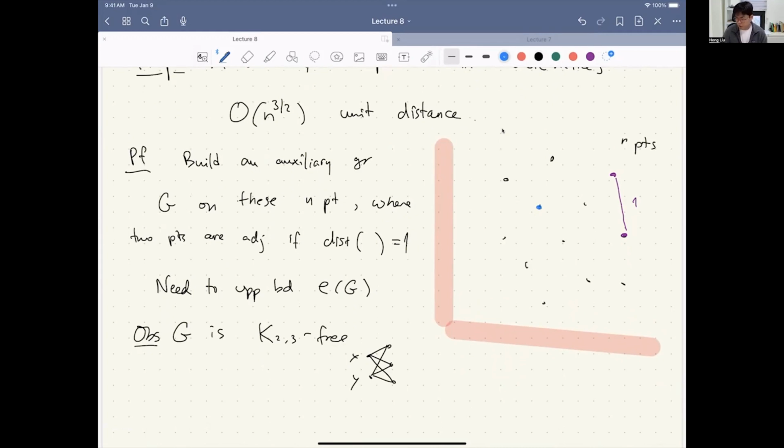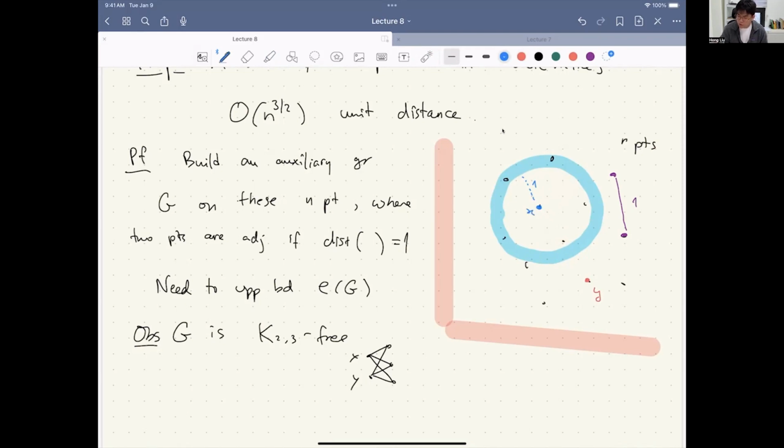what's its neighbor? Its neighbors are all points that are distance 1 from it. So all its neighbors lie on this blue circle. And you have another point, let's say y, this is x.